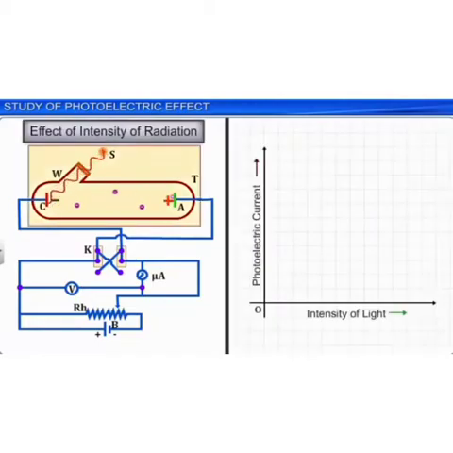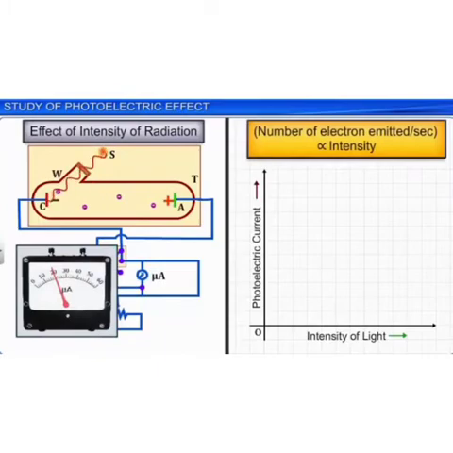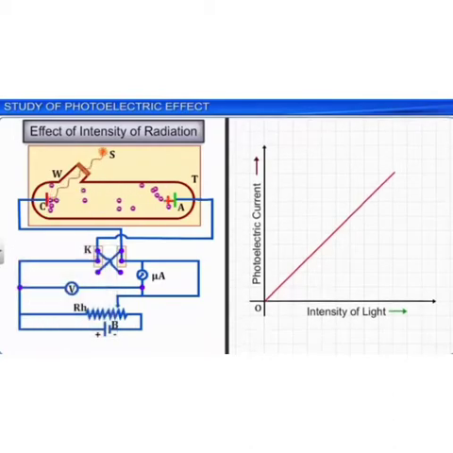As you increase the intensity of light incident on the metal plate, you will notice that the resulting photoelectric current increases proportionally. This is because, as the intensity of light increases, the number of photons incident per second on the metal plate increases. This results in the number of emitted electrons increasing and hence increases the photoelectric current.